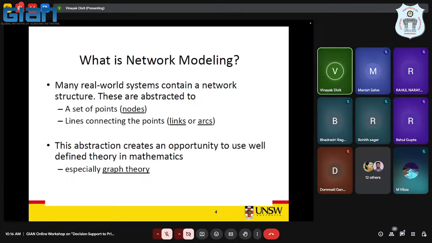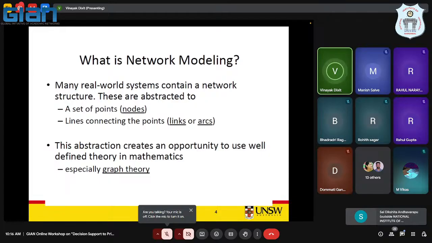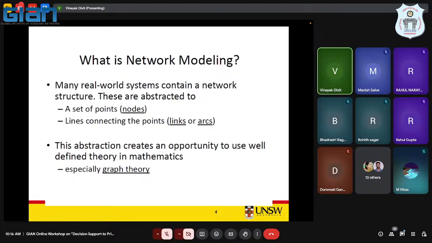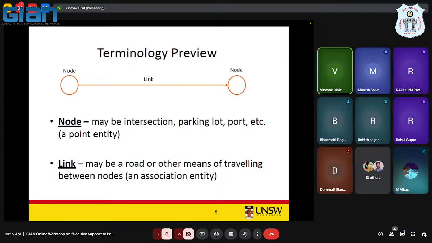What they are is a set of nodes, and each of these nodes is connected by links and arcs. This abstraction provides us with the ability to apply standard graph theoretic algorithms like shortest path algorithms, which we will talk about. And once you've done that, you can also look at the concept of equilibrium, which we'll talk about.